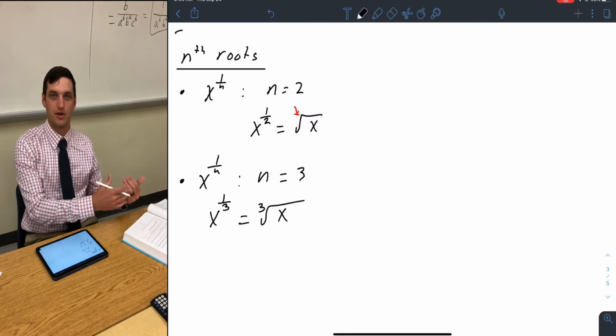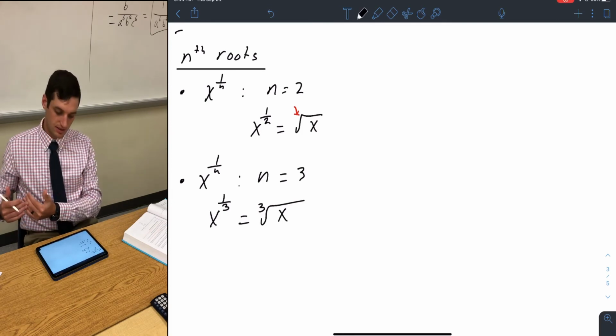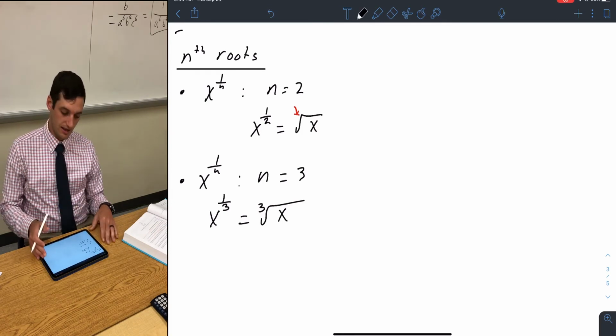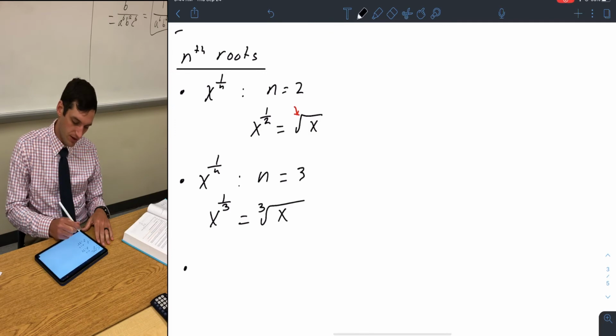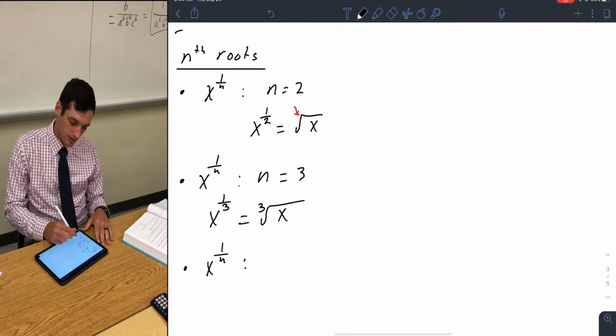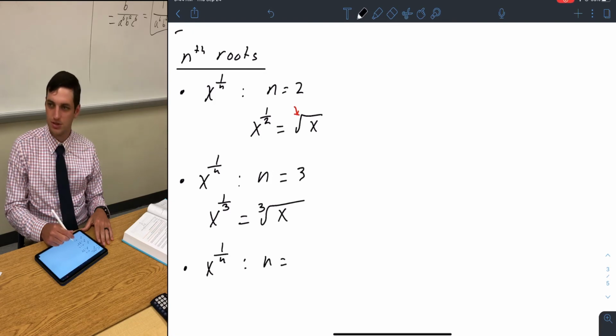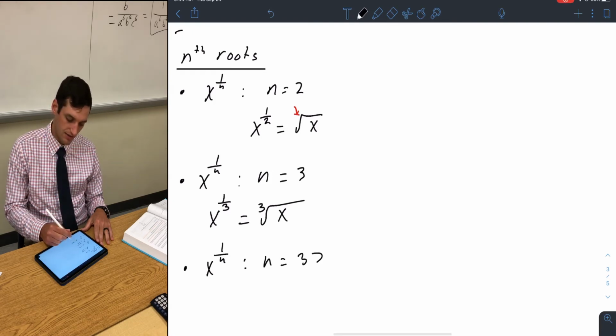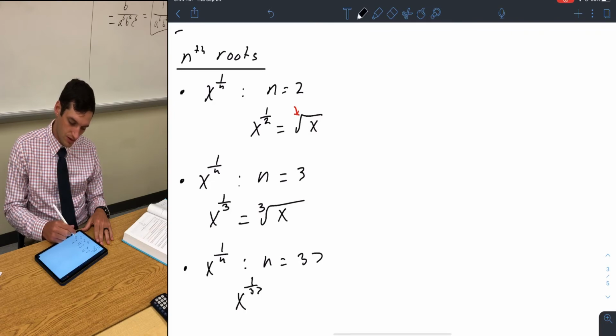So we're taking a 3rd root of x. And maybe if I write it one more time, x to the 1 over n, such that n is equal to, let's do something weird like 37. So that means x to the 1 over 37, which is equal to the 37th root of x.